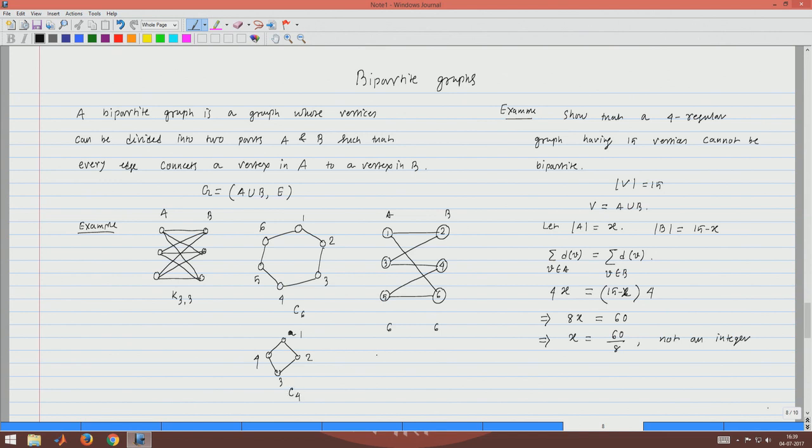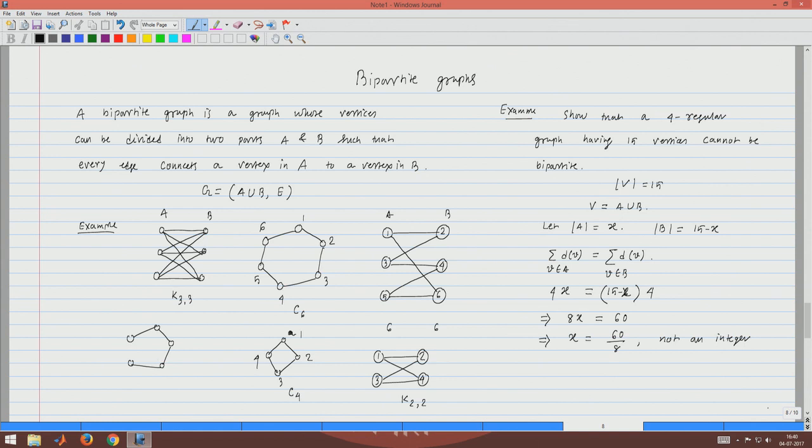Similarly, you can put 1 and 3 in one part and 2 and 4 in the other part. So, 1 is adjacent to 2 and 4, 3 is adjacent to 2 and 4. So, C4 is a bipartite graph, and this is also a complete bipartite graph K 2 2. But such a thing is not possible if you are given a cycle of odd length.